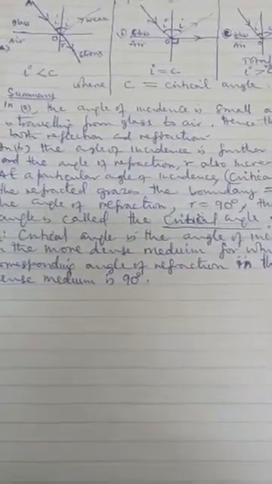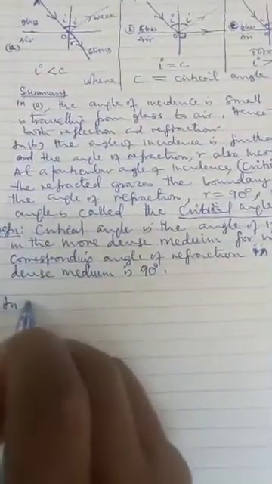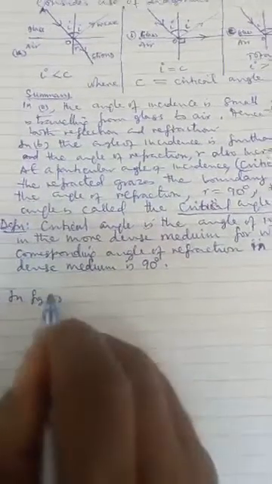Now this implies that as the angle of incidence increases further, as in the next diagram in figure 6, a point is reached where all the incident light is reflected and none is refracted at all.